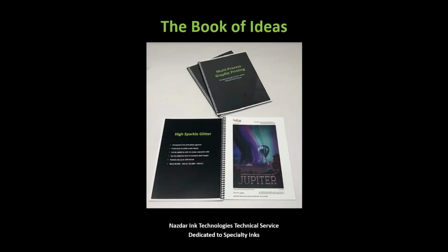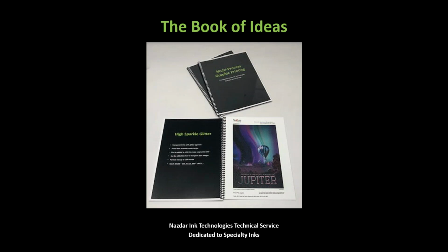And finally, the printed samples shown in this presentation are available as single prints on Nazdar Ink Technologies website. You can also get them combined into this handsome manual just by requesting one by sending an email to my attention with your name, company, and shipping address. These are the same type of manuals that were provided at the SGIA presentation on this same topic that was made last October.